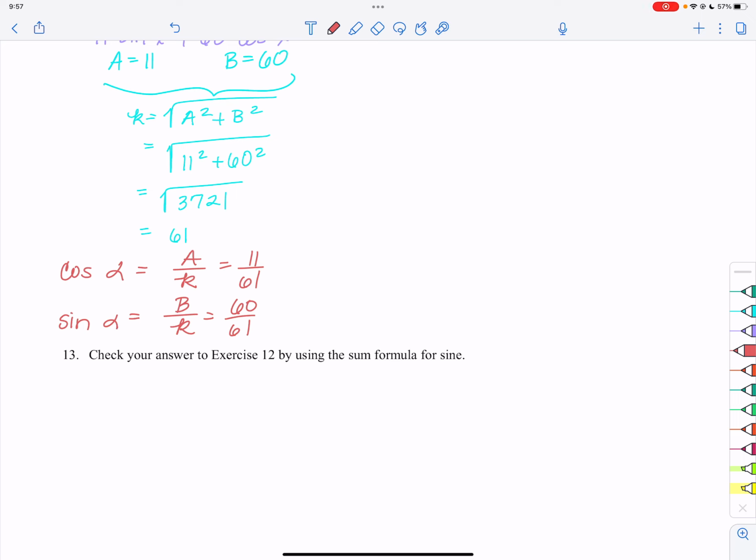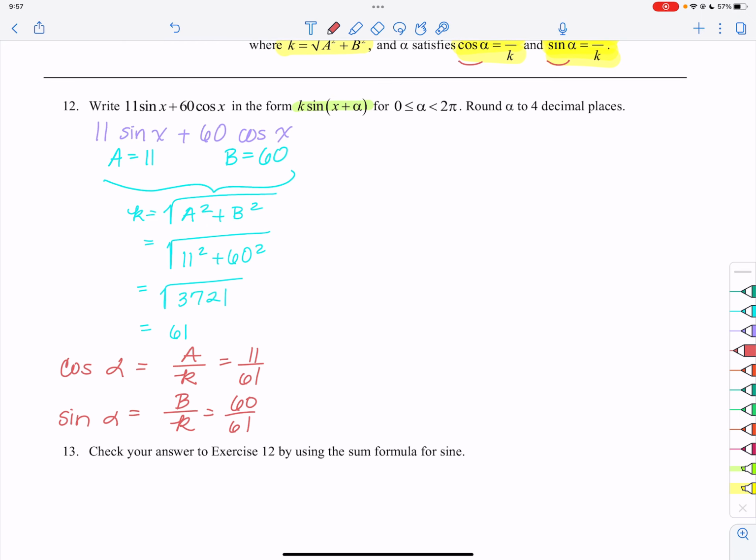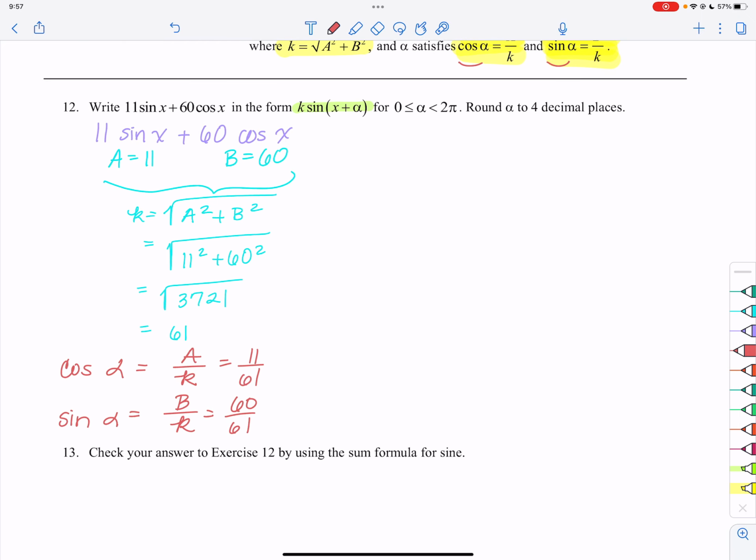So now what can we do? We can now see what alpha is equal to. So we can actually say that alpha is equal to the cosine inverse of 11 over 61.